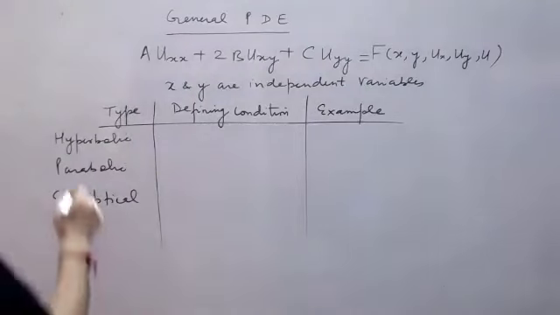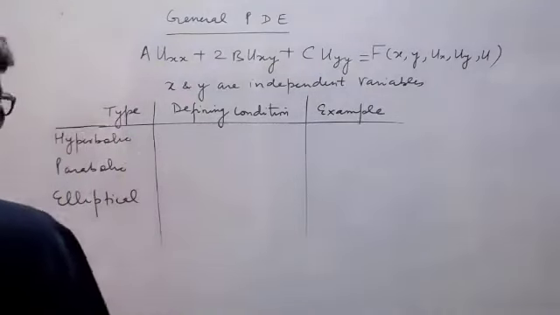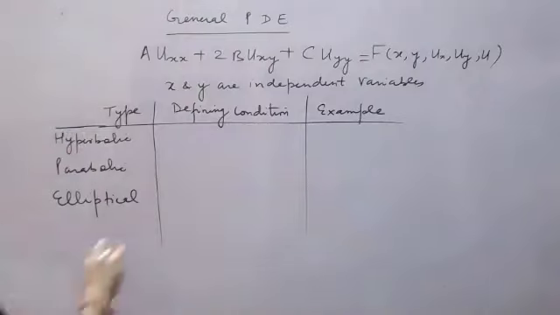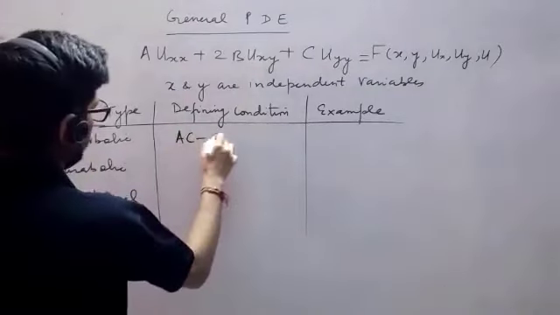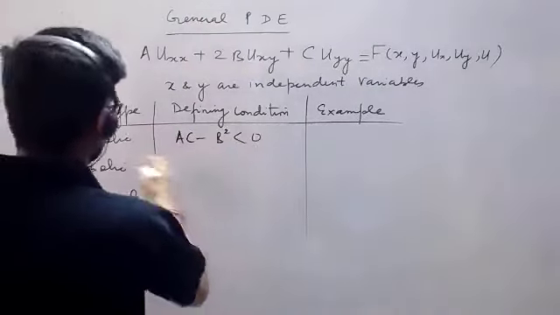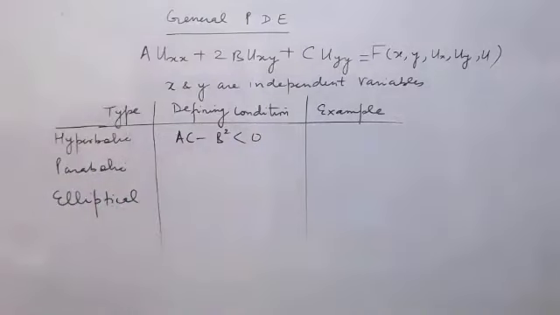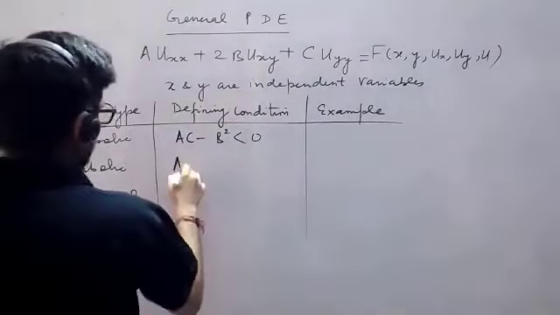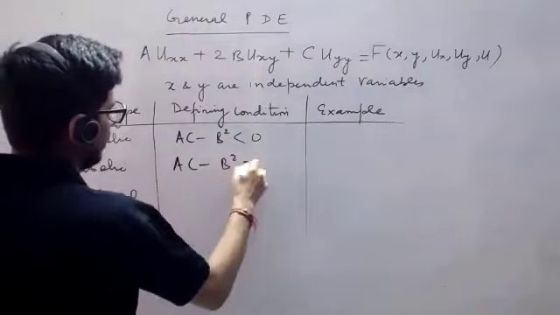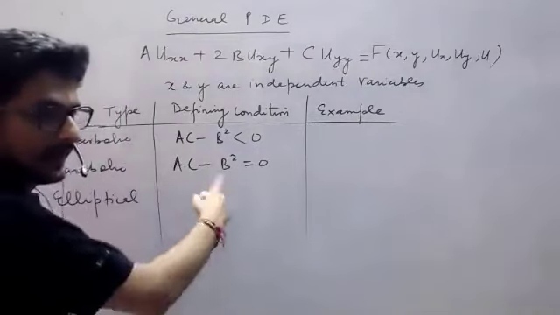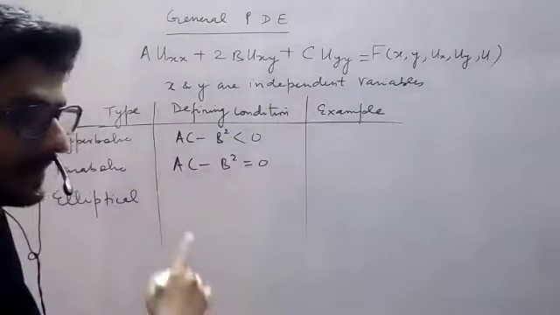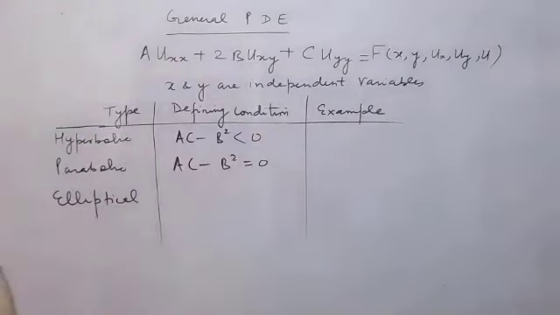And what are the defining conditions? If AC minus B square is less than 0, then it is hyperbolic. If AC minus B square is equal to 0, then it is known as parabolic.